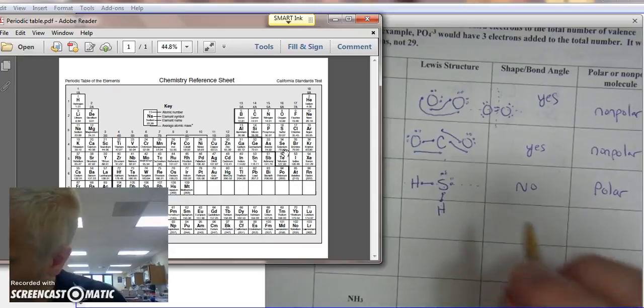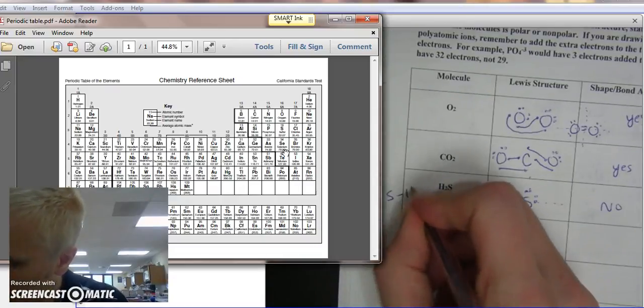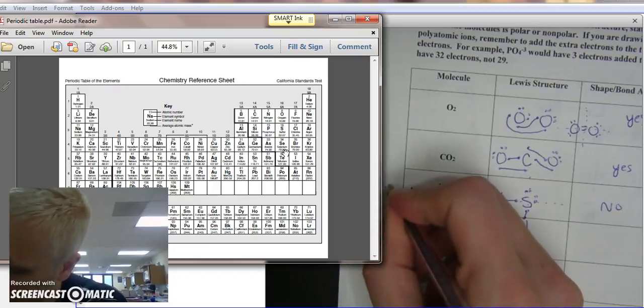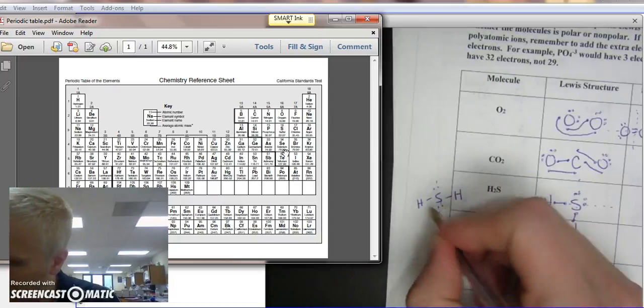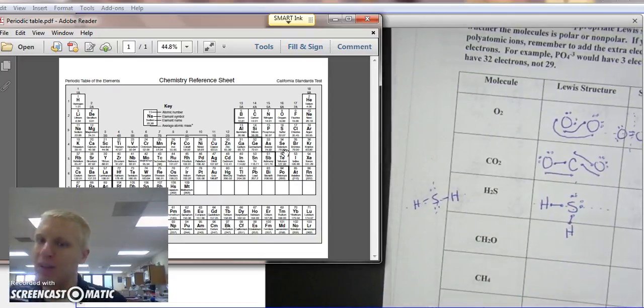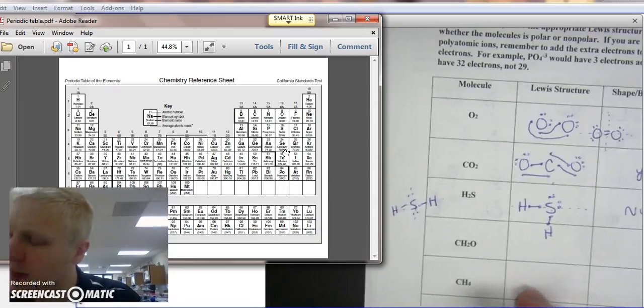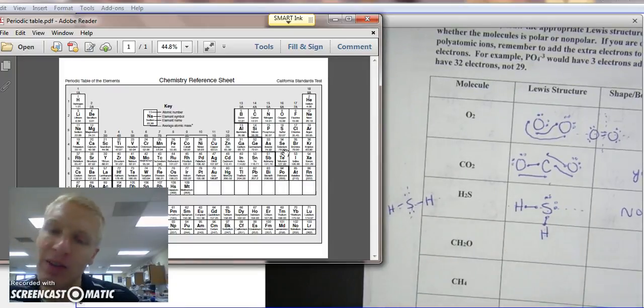Well, you could say, what happens if I write it like this? This certainly looks symmetrical. However, we're going to talk about in a little bit, not in this video, but in another video, when you have a certain amount of lone pairs and terminal or outer atoms, that's going to determine the shape.